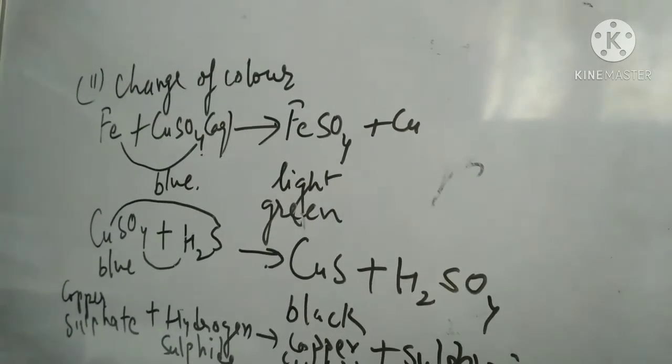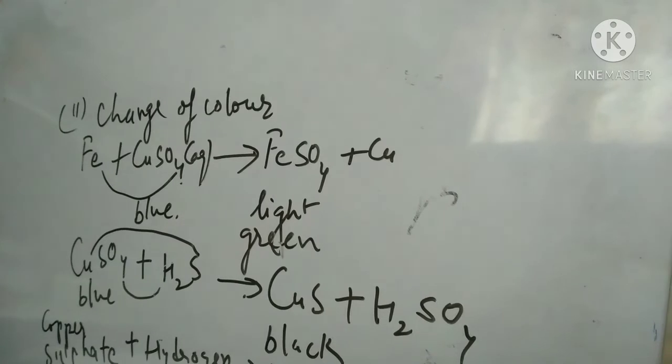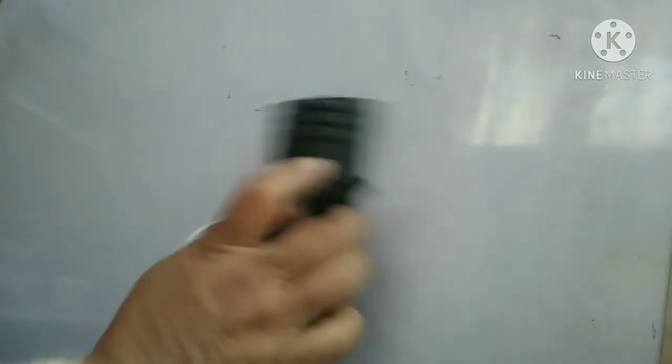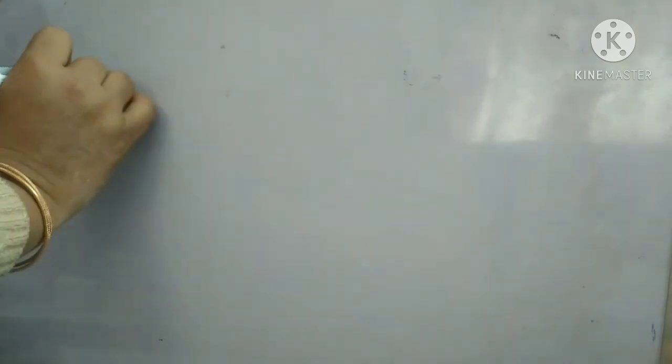Now, the next characteristic of a chemical reaction is formation of precipitate. Precipitate we always show by the downward arrow. Some of the chemical reactions take place by the formation of precipitate. Precipitates are insoluble solids.